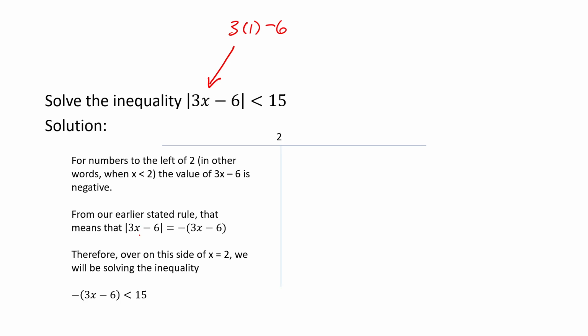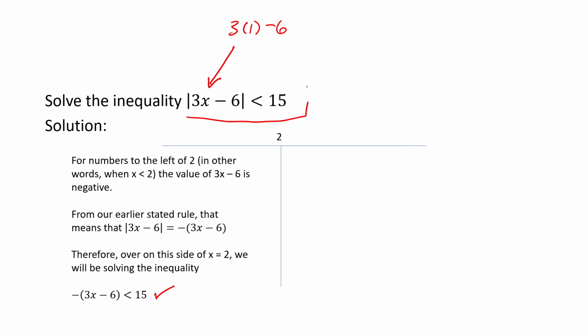So since 3x minus 6 is negative, the absolute value of 3x minus 6 is the negative of 3x minus 6. That's doubly negative, so to speak, making it positive. So what we're really trying to solve on this side is negative of round bracket 3x minus 6 round bracket is less than 15.